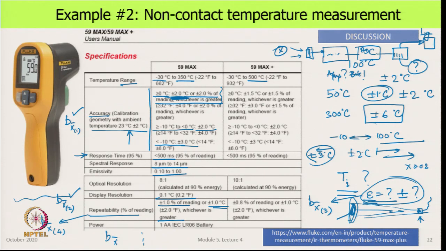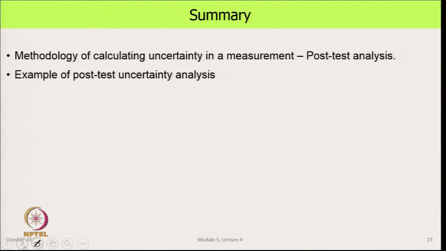So, that is another example of the same process, but with a different type of instrument. One can take many more examples. In the assignments, I have given more, but we will conclude here.